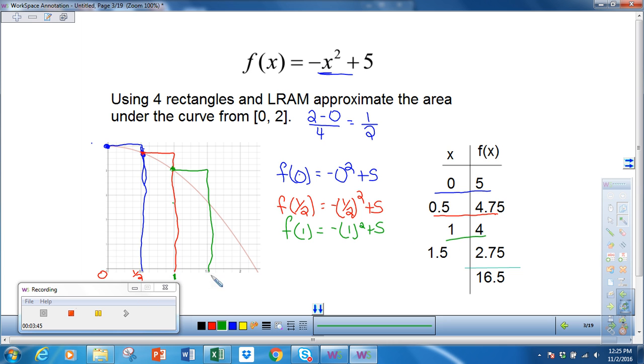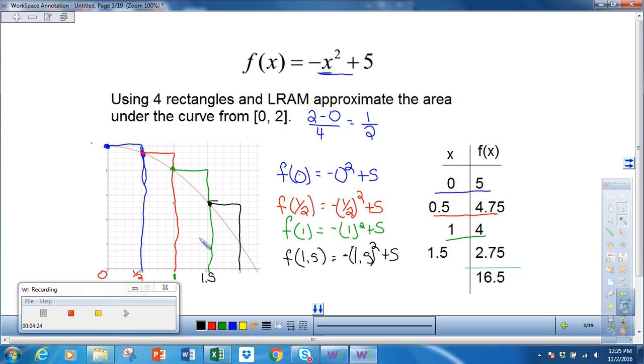My next rectangle is going to start at the next left point on the curve. So that's here. And again, since this is 0, a half, 1, this has to be 1.5. So now I would evaluate f of 1.5, and I get negative 1.5 squared plus 5, and I find that to be 2.75.